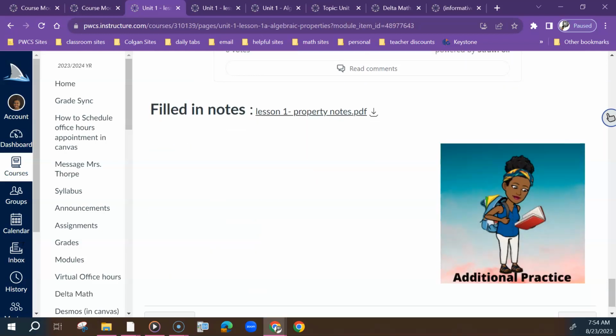And at the very bottom, the filled-in notes to the blank notes, so if you're ever absent, you can go to that, and then the additional practice. So you don't have to use everything on a notes page. Do what you want. Use what you can.